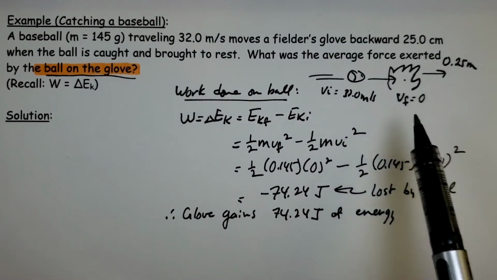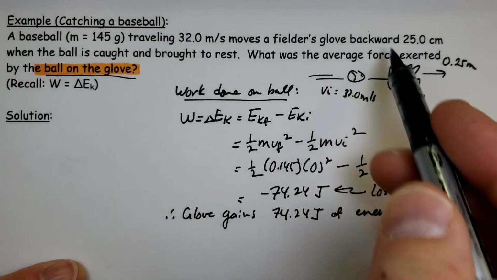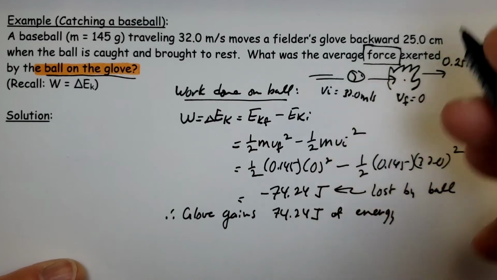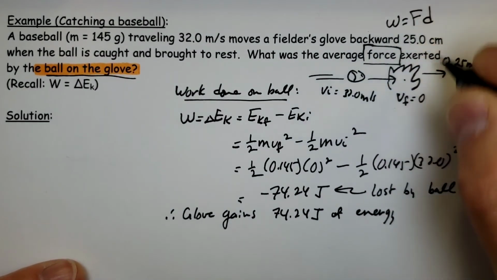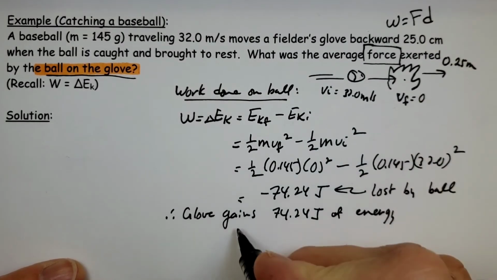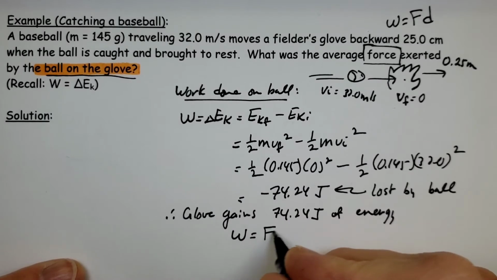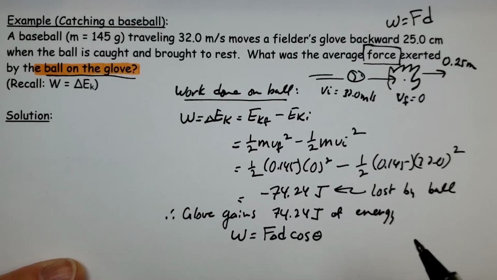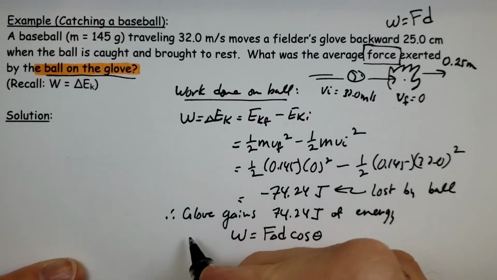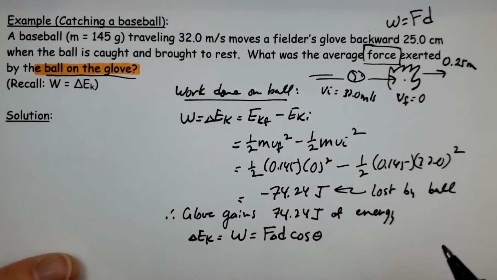Now, we're not told anything here about the glove in terms of speed, but what we are told is we're asked to find force, right? And force is part of the work equation. So work is equal to force times displacement. You know what? I could throw cos of theta in there as well. And so average force, so I could say the change in kinetic energy is equal to this.